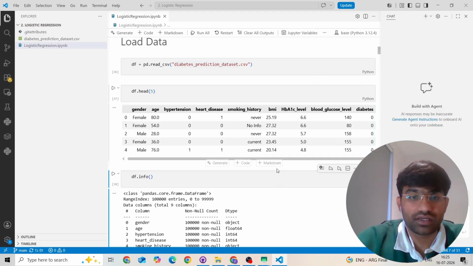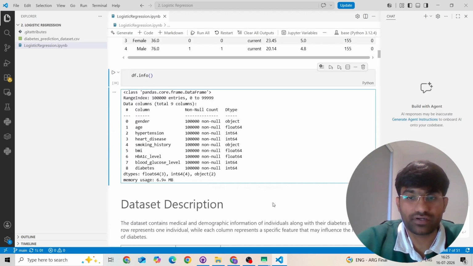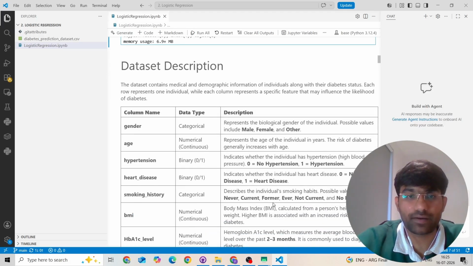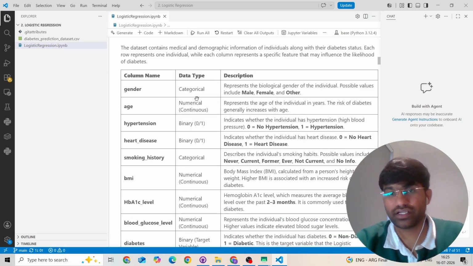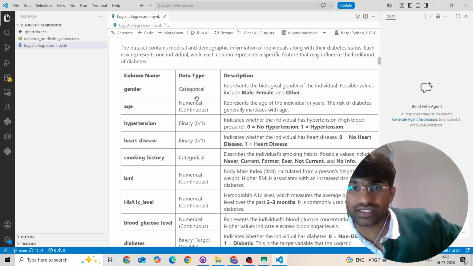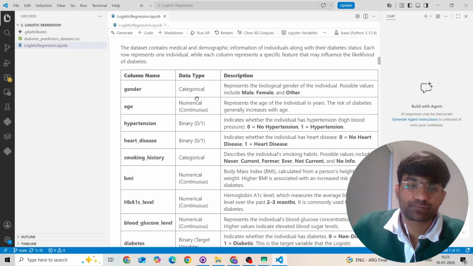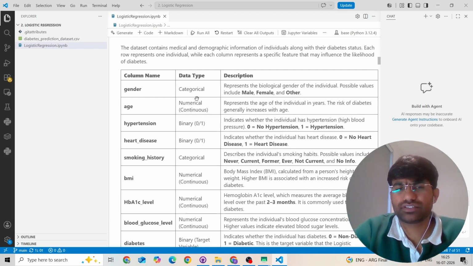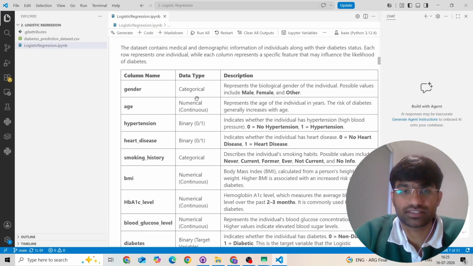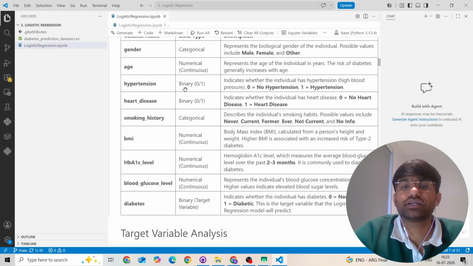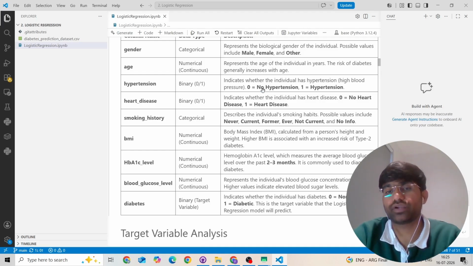Let me give you a brief description of the data. Gender is a categorical column. It has three genders: male, female, and other. Age is a numerical continuous variable, in years. Hypertension is a binary column, 0 or 1. If it is 0, there is no hypertension. Hypertension is what we call BP.